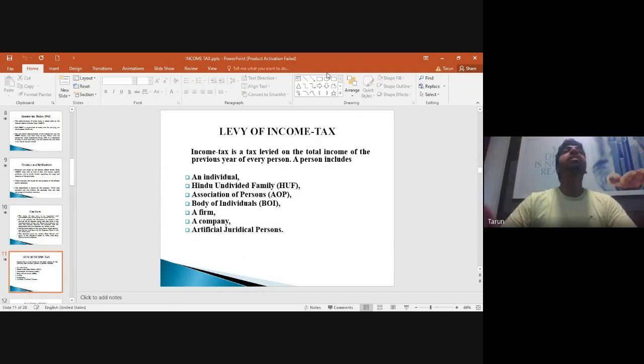For example, if there is a family of 6 members, the person who has the highest control and authority in the family is the karta, and that family is called a Hindu undivided family.